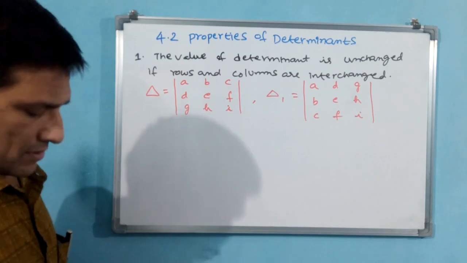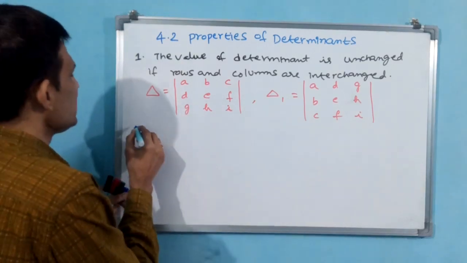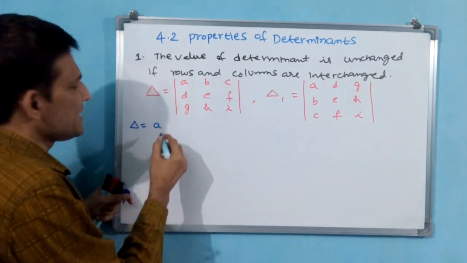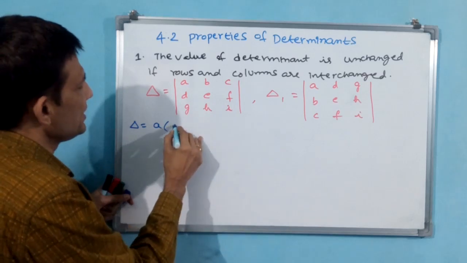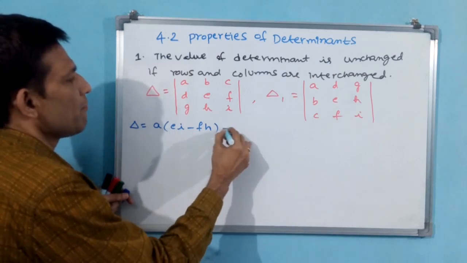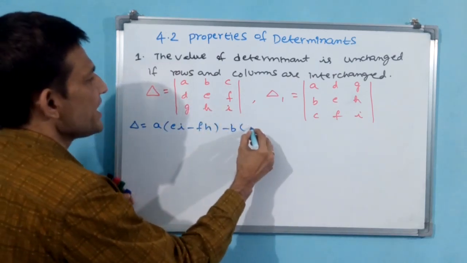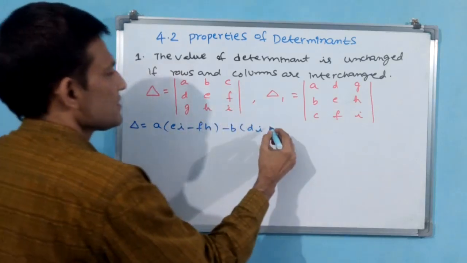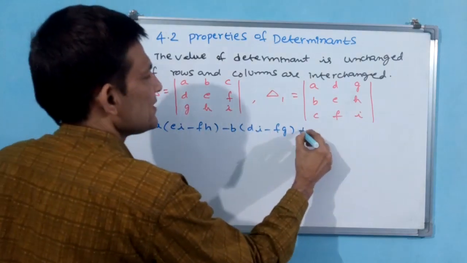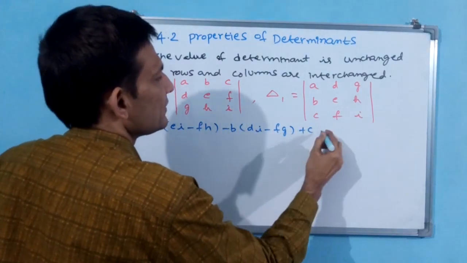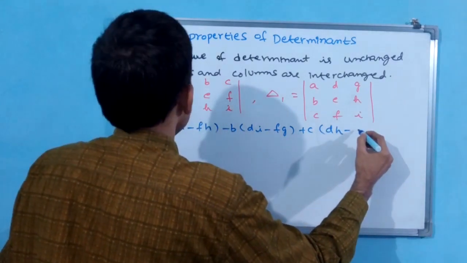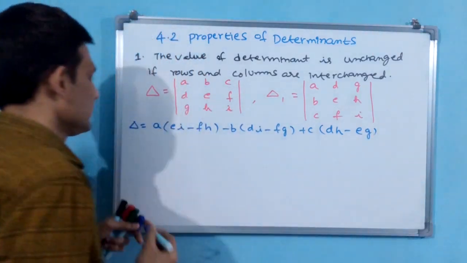Let us do first delta. Delta is equal to plus A into, directly A I am writing, A into EI minus FH. Minus B into DI minus FG. Now plus C into DH minus EG.